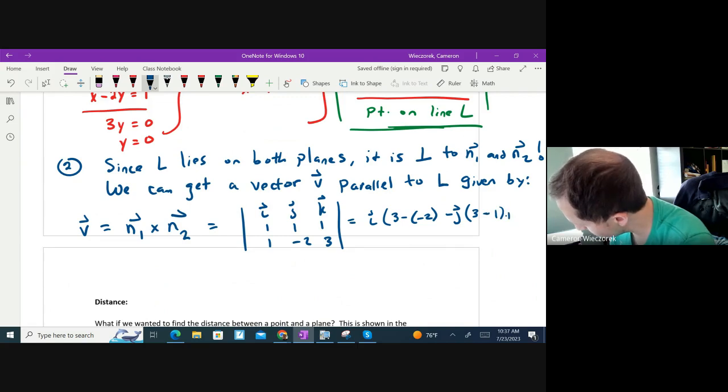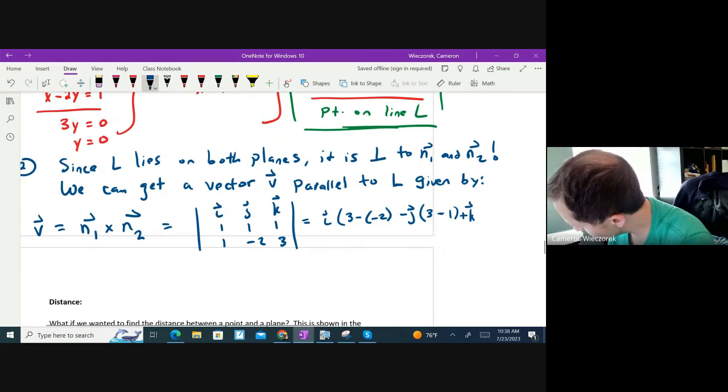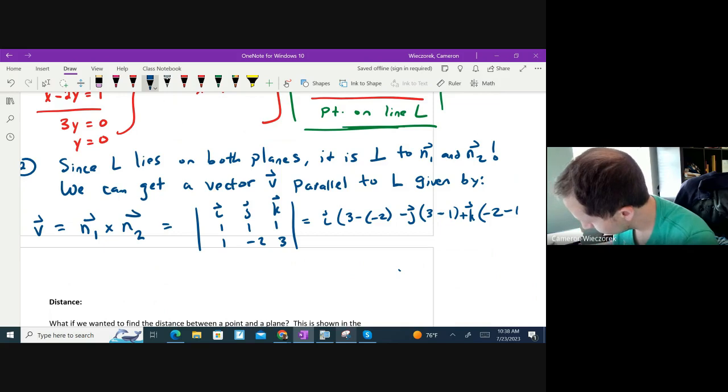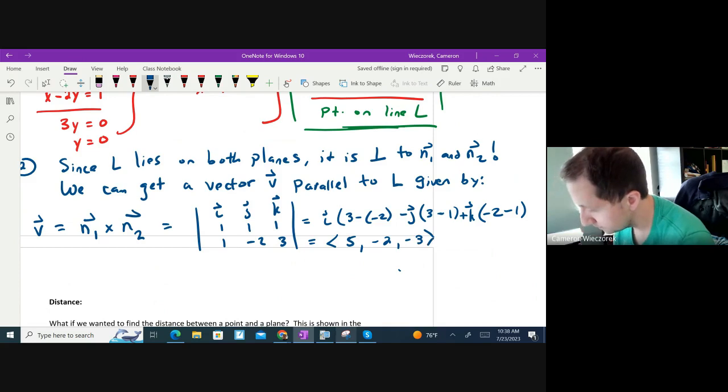Plus k times, cross off first row, third column, negative 2 times 1 would be negative 2, minus 1 times 1 would be negative 1. Okay, so we end up with 5, negative 2, and negative 3. So that's going to be our direction vector for the line.